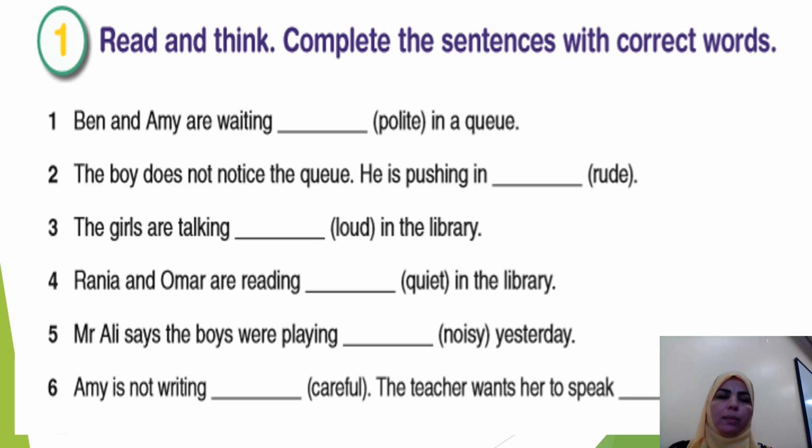Number 5, Mr. Ali says the boys were playing, gap, noisy, yesterday. Number 6, Amy is not writing, gap, careful. The teacher wants her to speak, gap. Now, take 5 minutes. Try to complete the sentences with the correct words.